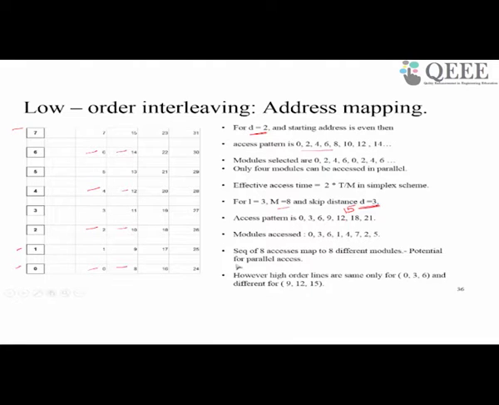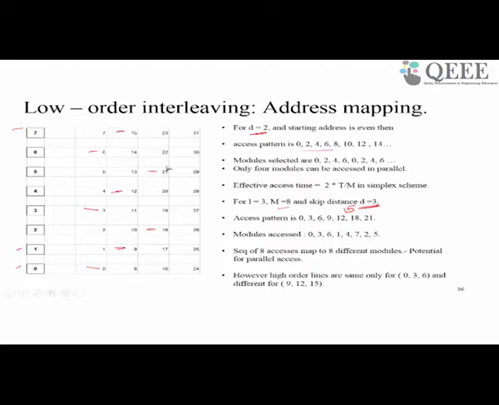And let us see to which modules they get mapped onto. 0 will get mapped onto 0, then 3, then 6, and then 9, then 12, then 15, then 18, then 21.